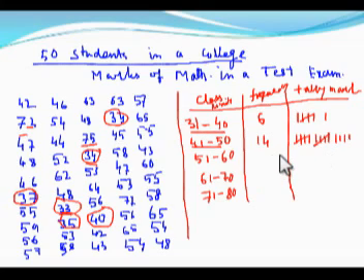Now 51 to 60, we have 20 student marks, that is 1, 2, 3, up to 20. 61 to 70 we have got 7, so it will be 1, 2, 3, 4, 5, 6, 7.